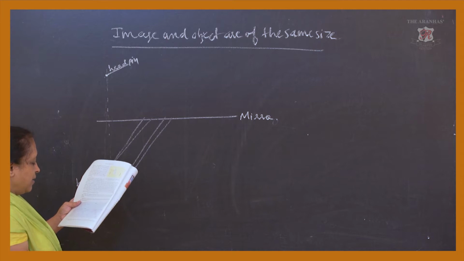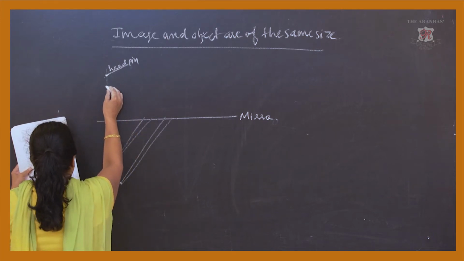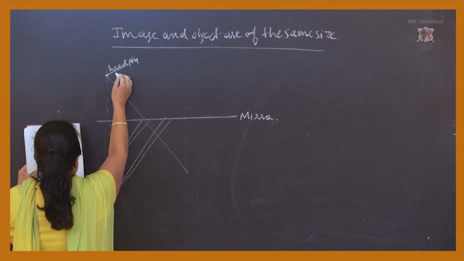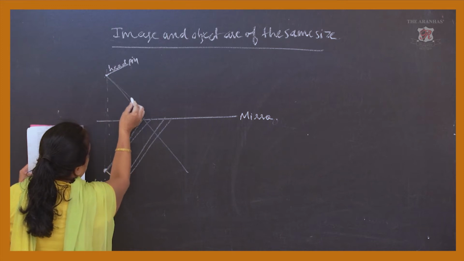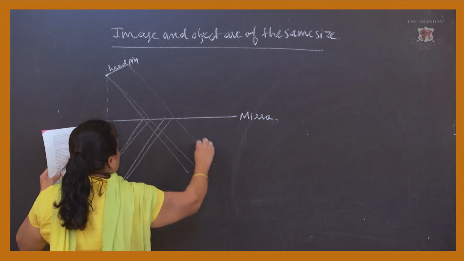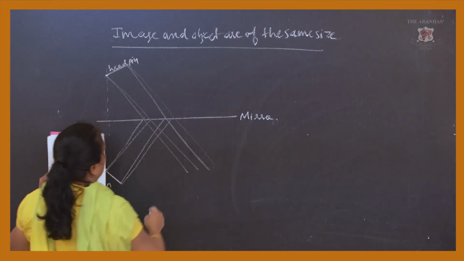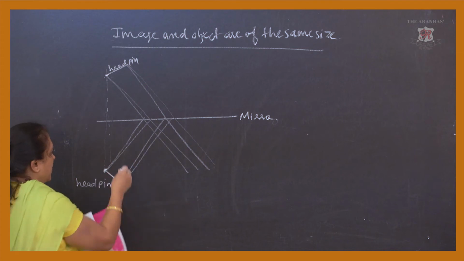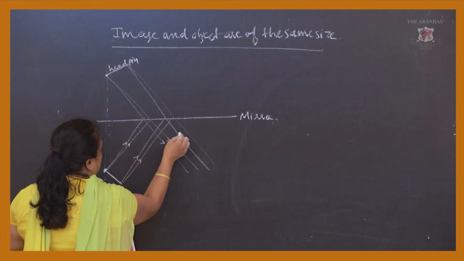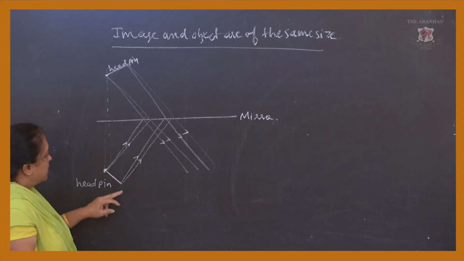And here we are finding the rays which are coming through these. This is the way we are drawing. So these are the incident rays, these are the reflected rays, and we are getting the image.